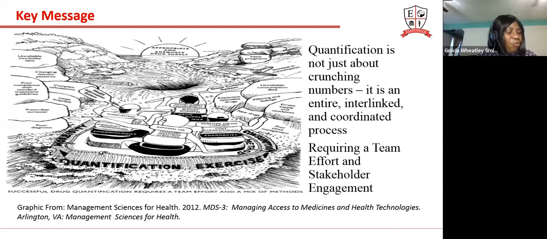We'll have appropriate and adequate pharmaceutical supplies because all of these disciplines came together to produce accurate quantification. So quantification is not done by one man sitting in an office. Quantification is done by a team.